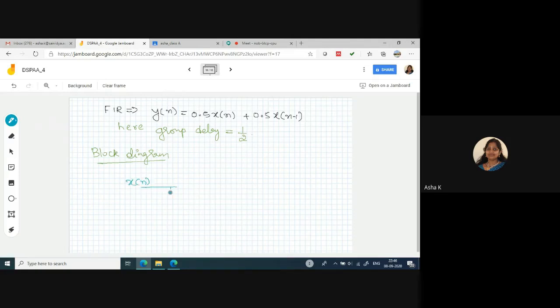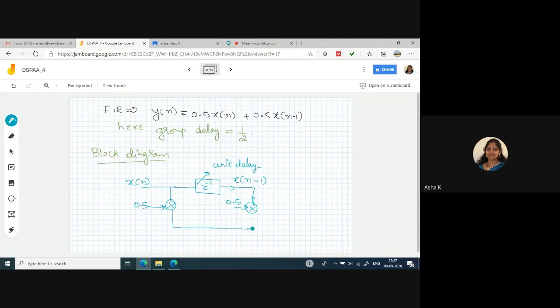This input is multiplied by a multiplication factor 0.5, and again it is delayed by 1 unit, z to the power minus 1, also known as unit delay. After the unit delay, the output is x of n minus 1, which is again multiplied with a factor 0.5. These are the coefficients b0 and b1.